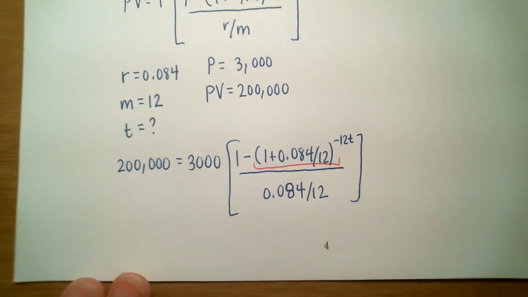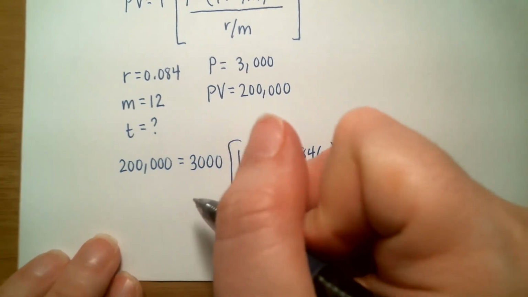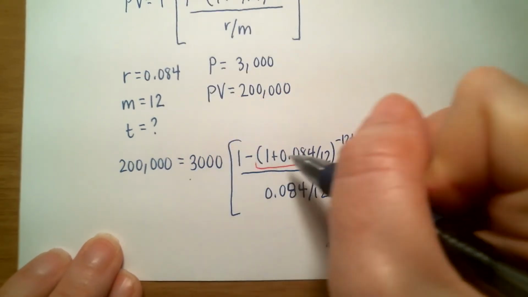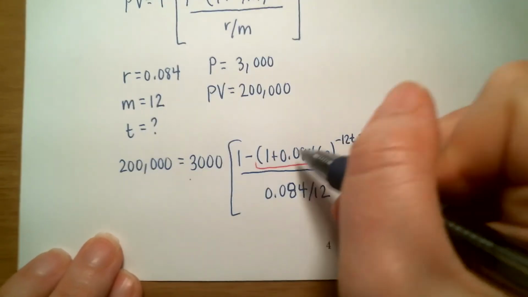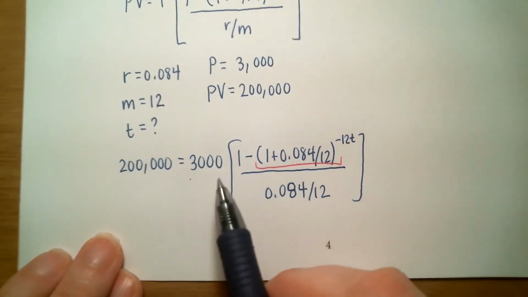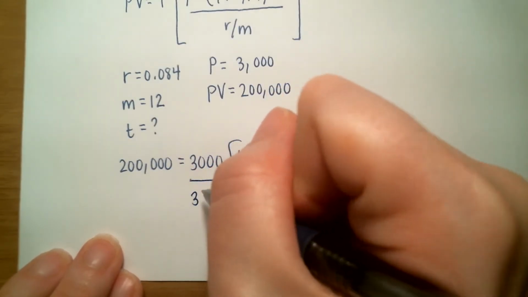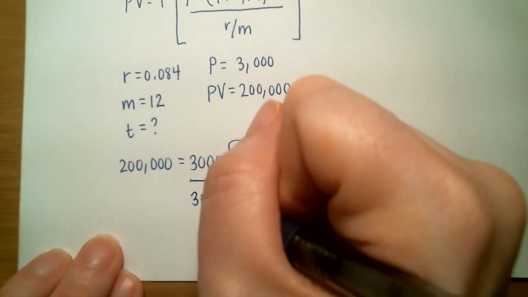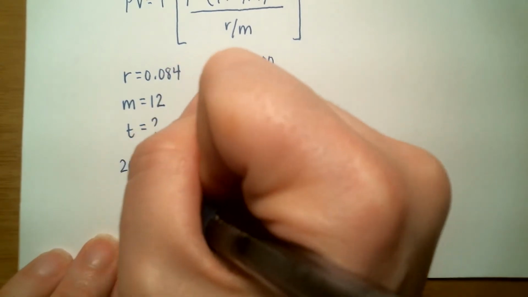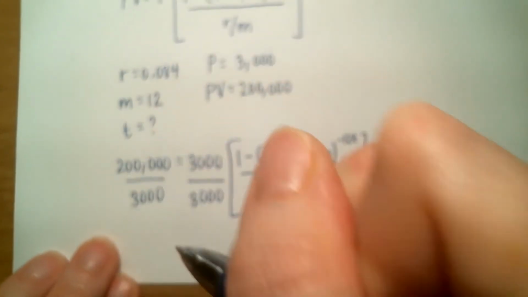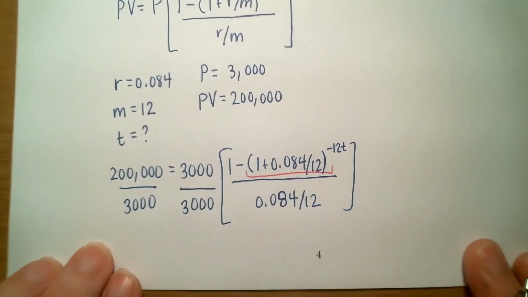The first thing I'm going to do is divide both sides by 3,000. The thing we're trying to isolate is in the brackets, and this 3,000 is outside the brackets, so we can easily get rid of it. Everything in brackets is being multiplied by the 3,000, so to undo that, we're going to divide both sides by 3,000.